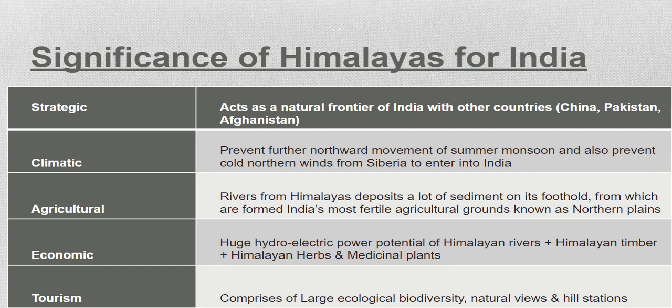In economic significance, we have to include the huge hydroelectric power potential of Himalayan rivers, Himalayan herbs, and medicinal plants. We all know about the tourism of the Himalayas. It comprises large ecological biodiversity, natural views, and hill stations.